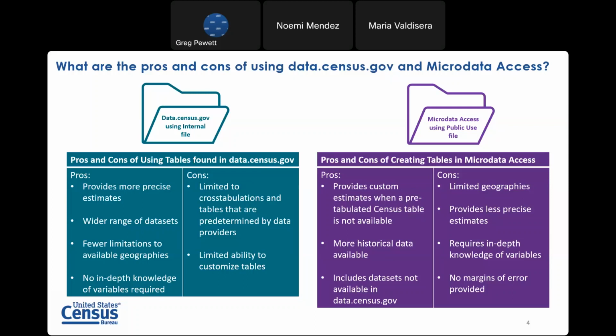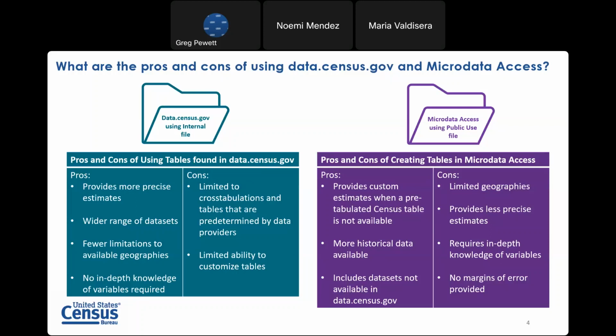Then on the right side of the slide with the purple, with Microdata Access, these are the pros. They provide custom estimates when a pre-tabulated census table is not available. There are more historical data available, and they include data sets not available in data.census.gov, like our Current Population Survey.